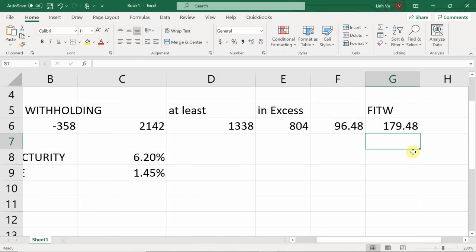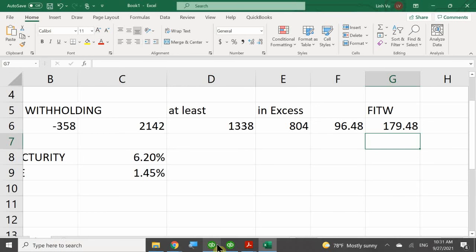Again, they're off by a little bit. That's because once again, the numbers that we were using for the previous example were for 2019. This is fast forward to 2021, so the tax tables are different. So in this case, she's going to be subject to $179.48 worth of federal income tax withholdings.